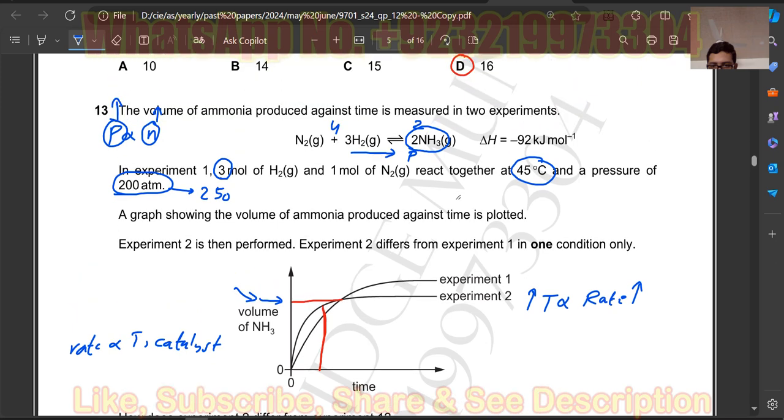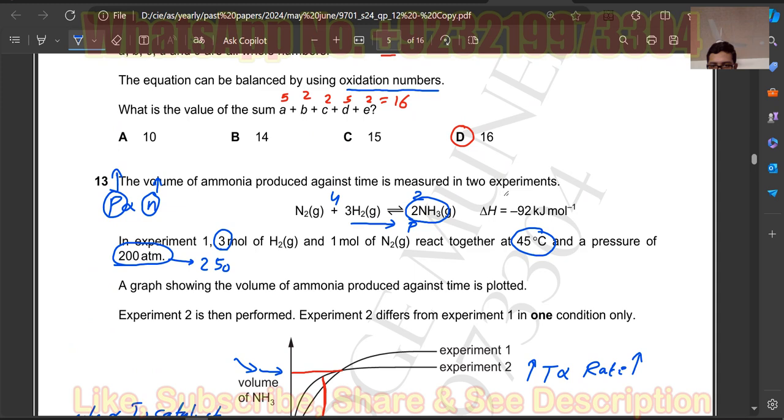Yes, we can clearly see here that the enthalpy of the reaction is exothermic, and for an exothermic reaction, increasing the temperature moves the equilibrium to the opposite side, towards the backward, reverse reaction.